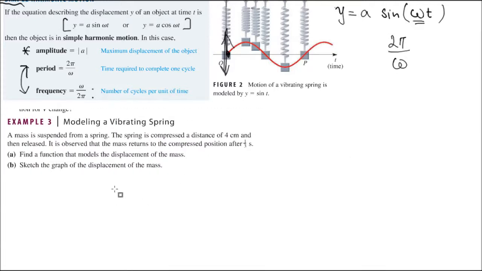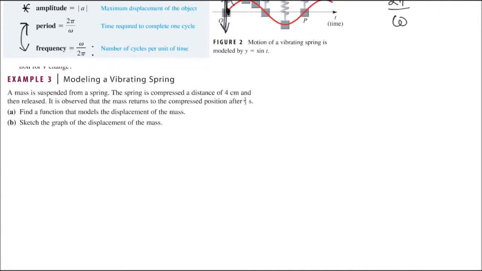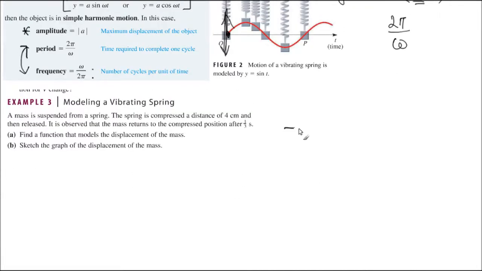All right, there's no function given. They're describing the motion, right? When we look at this, always think about where my equilibrium position is. Sometimes they trick you with the equilibrium position. It is not 0, but somewhere above. It's not a big deal. But here the equilibrium position is 0. So a mass is suspended from a spring, just like the situation above.